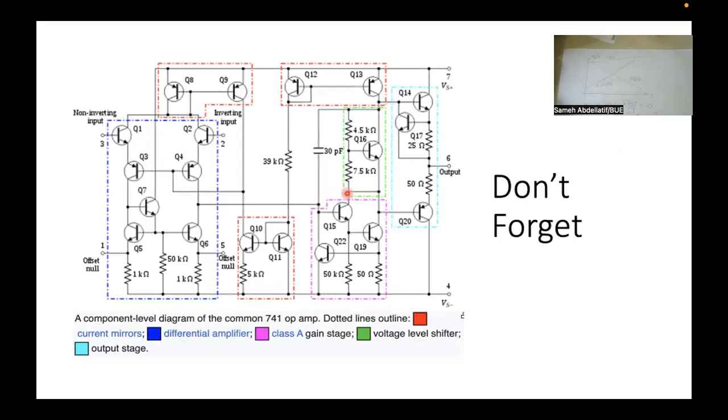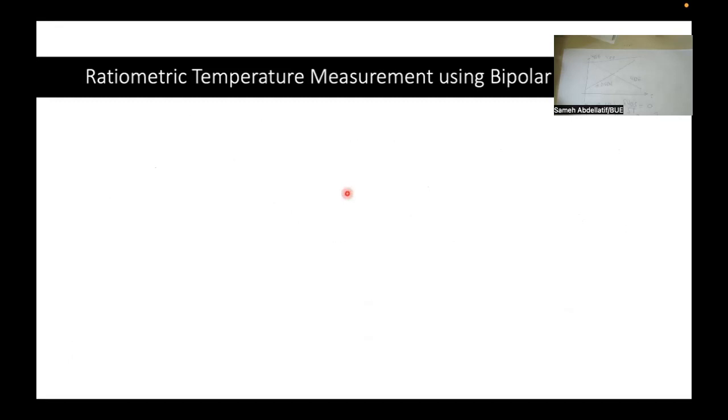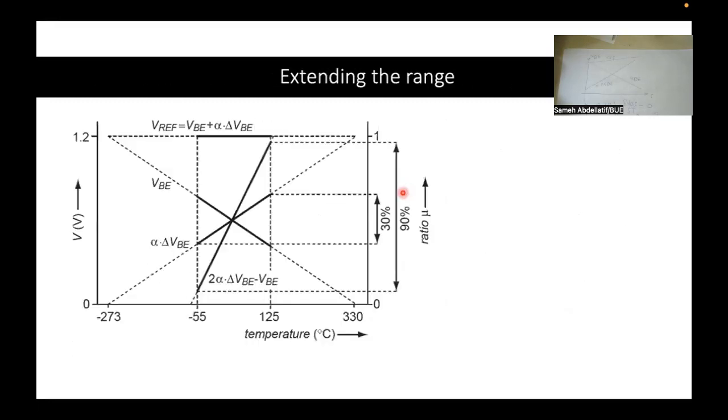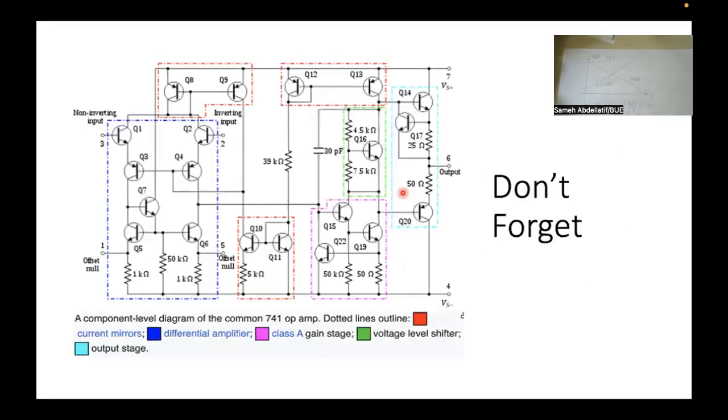Another one will be added here to amplify, for example, the VPTAT. Again, you are adding more and more schematic or transistors to your circuit. This results in a more complicated design and more power consumption. So this trade-off should be considered whenever you are doing your design.